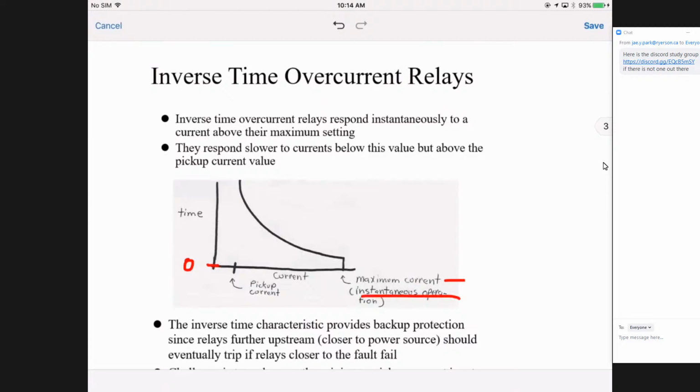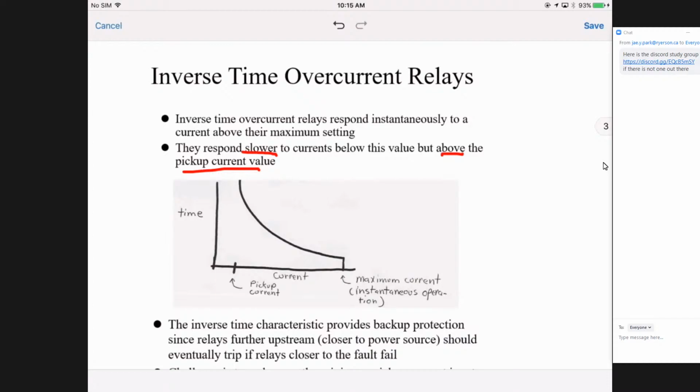So the inverse time overcurrent relay responds instantaneously to the maximum setting or maximum current, but it will respond slower when the value is above the pickup.